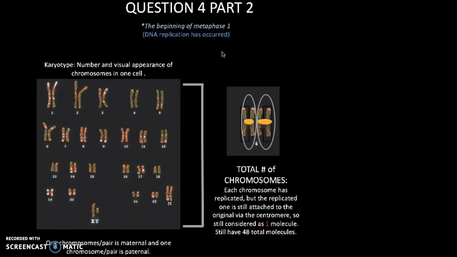So for the total number of chromosomes, each of these have undergone replication, right? So you have one molecule that has the 2 sister chromatids, but they're still attached to each other and still considered one molecule, okay? So you're still going to have a total of 48 chromosomes or 48 molecules within the cell.